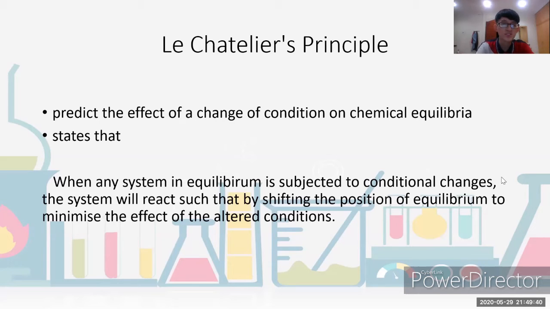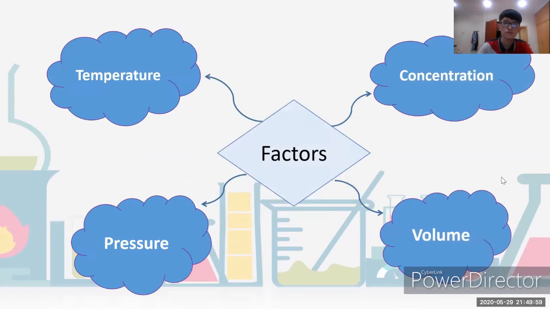The principle states that when any system in equilibrium is subjected to conditional changes, the system will react by shifting the position of equilibrium to minimize the effect of the altered conditions. The main 4 conditional changes are temperature, concentration, pressure, and volume.